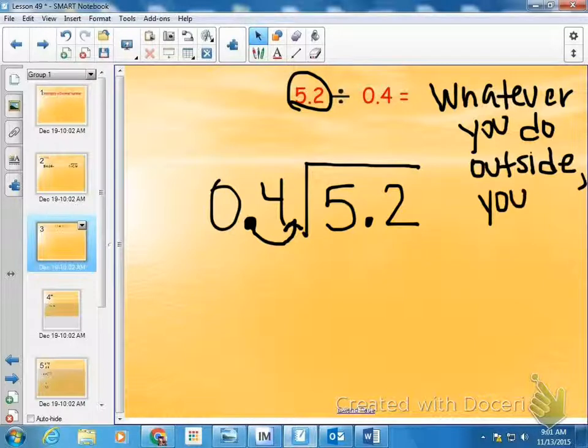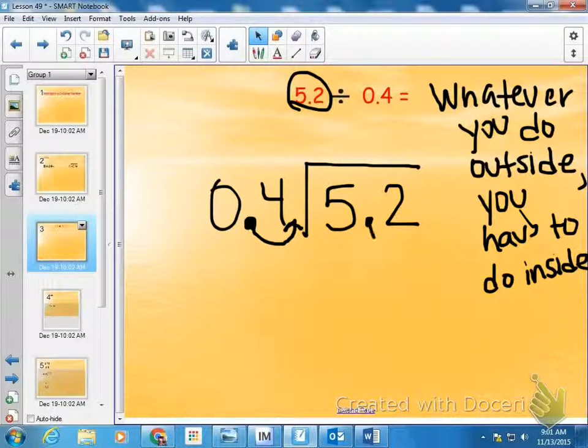And you know what I mean by that. I apologize for my handwriting. So if I move it 1 time on the outside, I have to move it only 1 time on the inside. So I move it over, and then once it's moved, I just bring that decimal up.